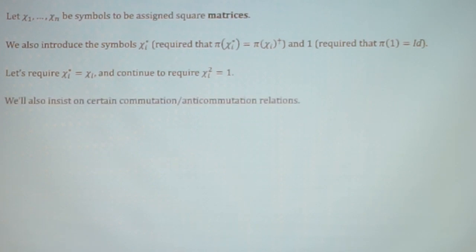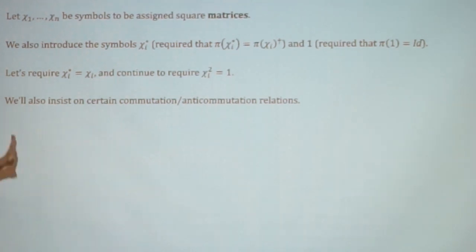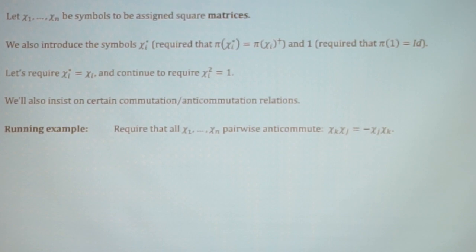Before we get to optimizing polynomial expressions in these symbols, we're going to insist on more things. Let's talk about insisting on certain commutation or anti-commutation relations. Here's an example, and this is related to a paper I wrote.